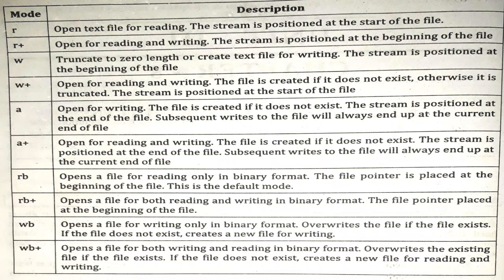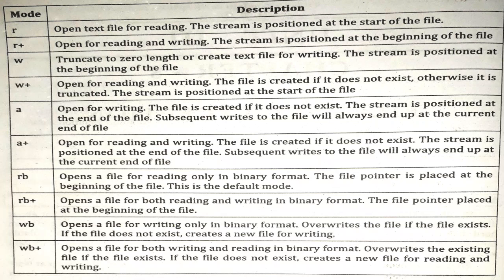Then we have the next mode, that is RB. RB is basically used if we have a binary file, and if you want to read that file, then in that situation we can make use of RB, that is, opens a file for reading only in binary format. The file pointer is placed at the beginning of the file, and this is the default mode.